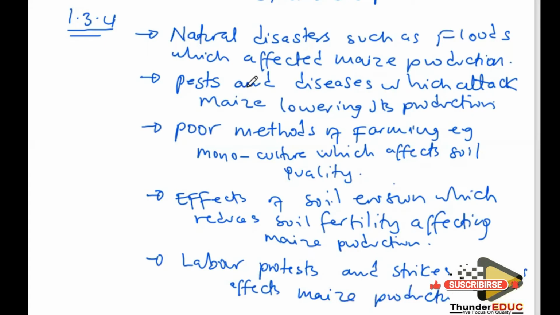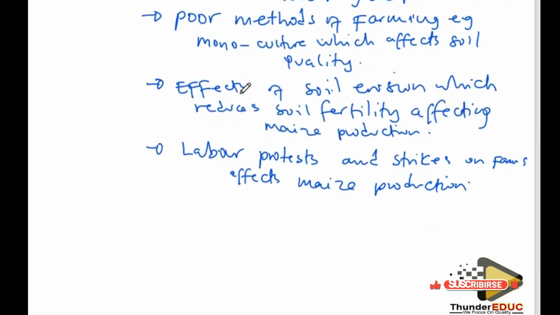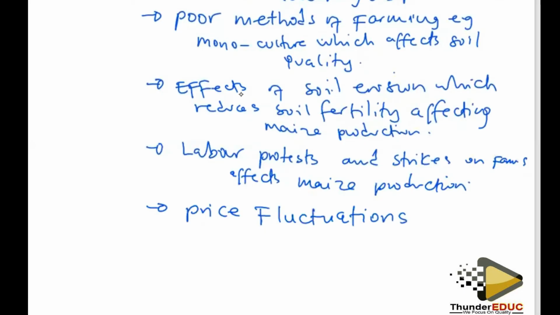But remember, maybe you can as well talk about price fluctuations, which means price is not being stable. They keep on changing. This season prices are high, next season prices are low, hence discouraging farmers.